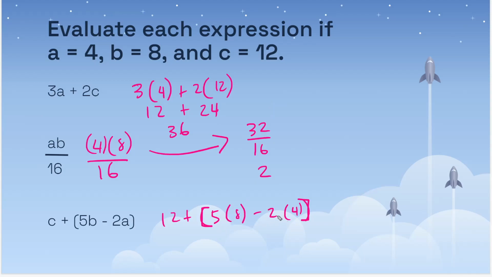And the first thing we do inside the bracket is the multiplication. So 5 times 8 is 40, minus 2 times 4, which is 8. We'll add 12 to this. 40 minus 8 is 32, plus 12 is 44.